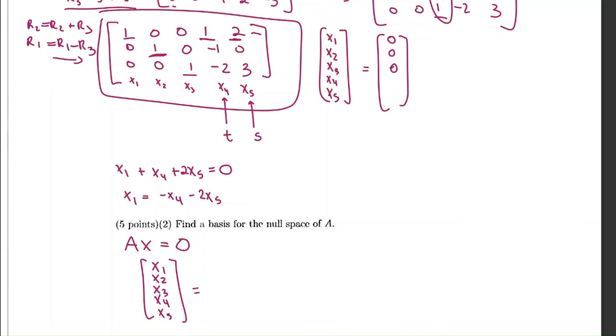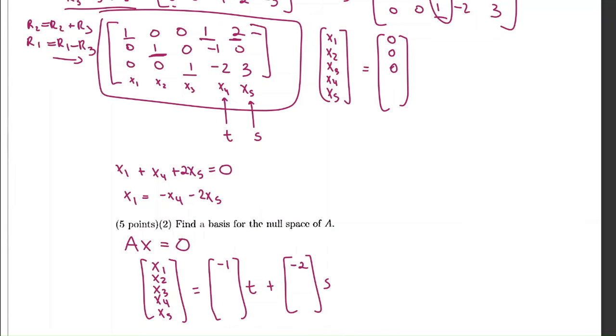So that's what I'm going to do down here, but just in matrix form. So I have t plus s, as these are all my only free variables. And x1 is negative x4 minus 2x5. So I assigned x4 to have the parameter t. So that's negative 1 here, and then negative 2 for x5, which I've assigned the parameter s.